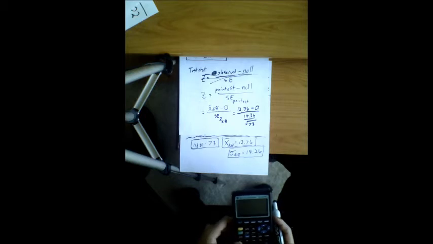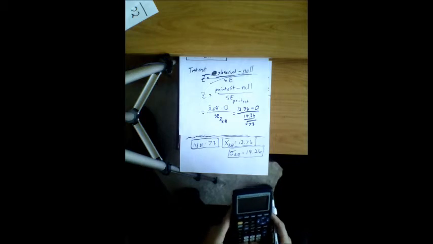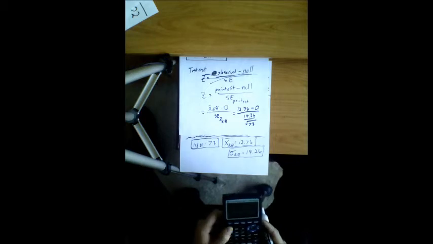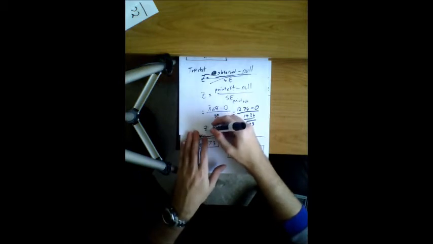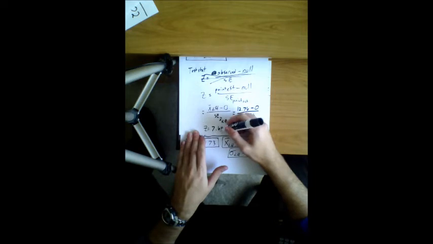So going through this process, let's do 14.26 divided by the square root of 73. And we get 1.669. So we really have 12.76 divided by that answer. And we get 7.645. Okay, so this is what we've got right now.